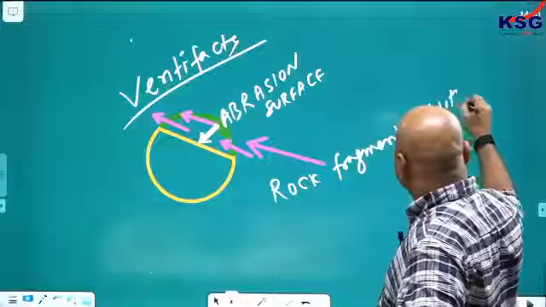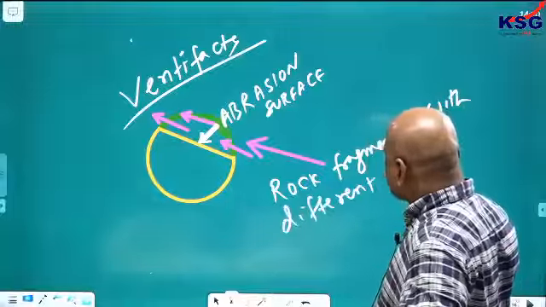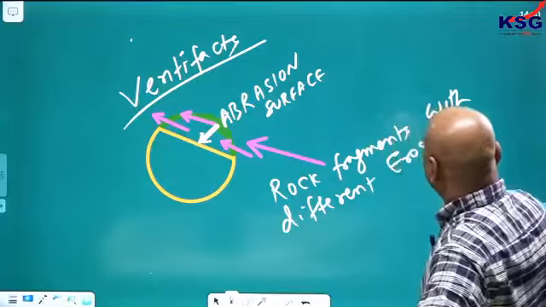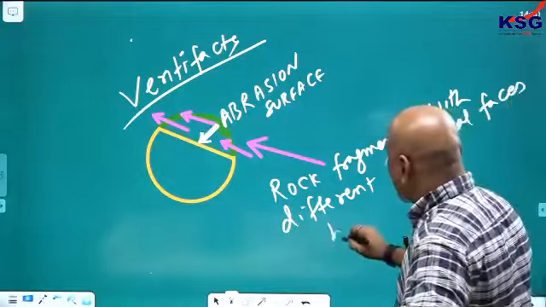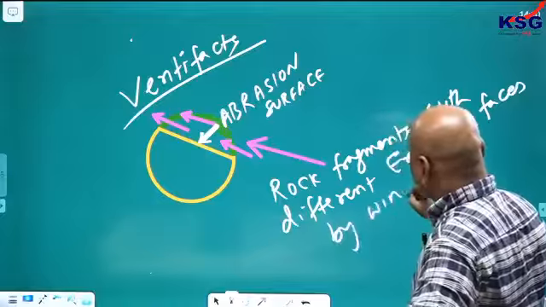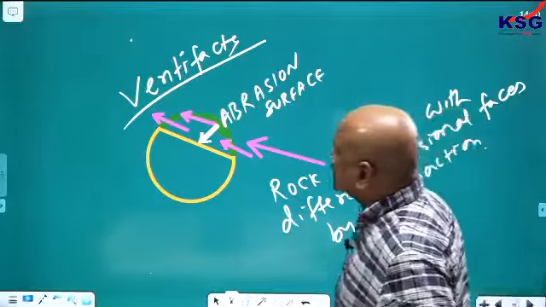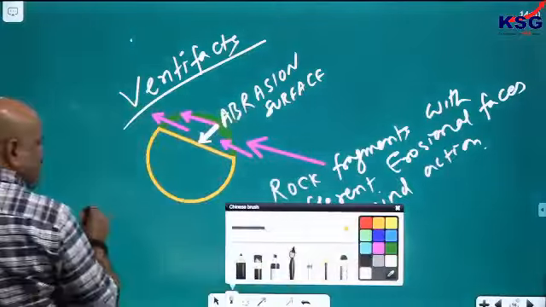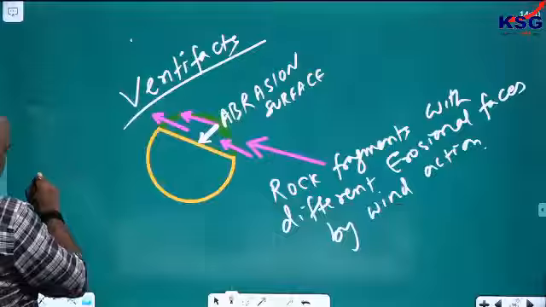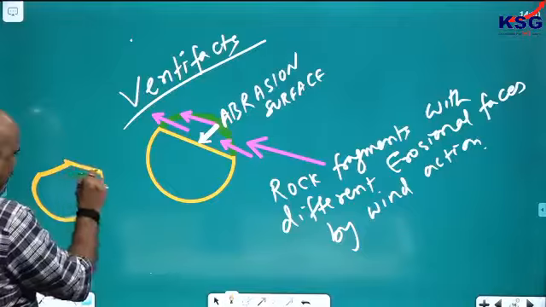Rock fragments with different erosional faces by wind action. This is one. The rock fragment can be like this also. It can be like this also.